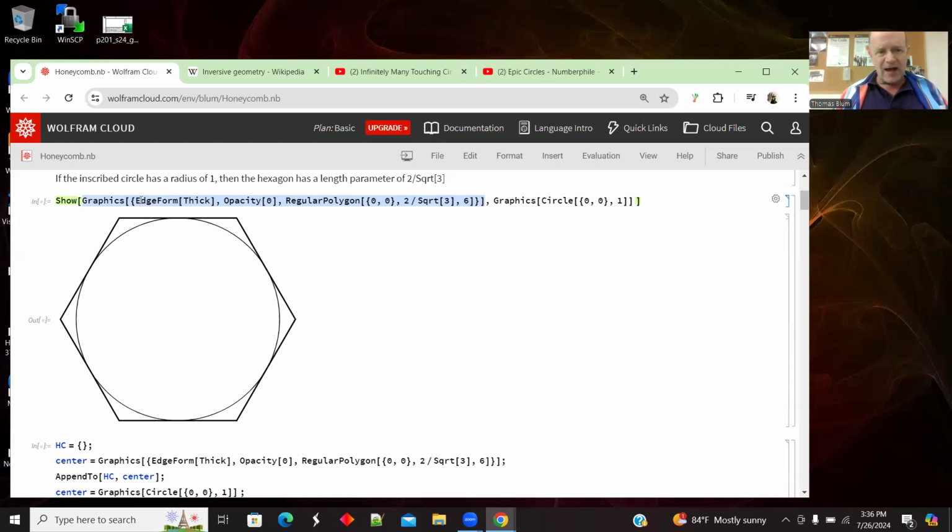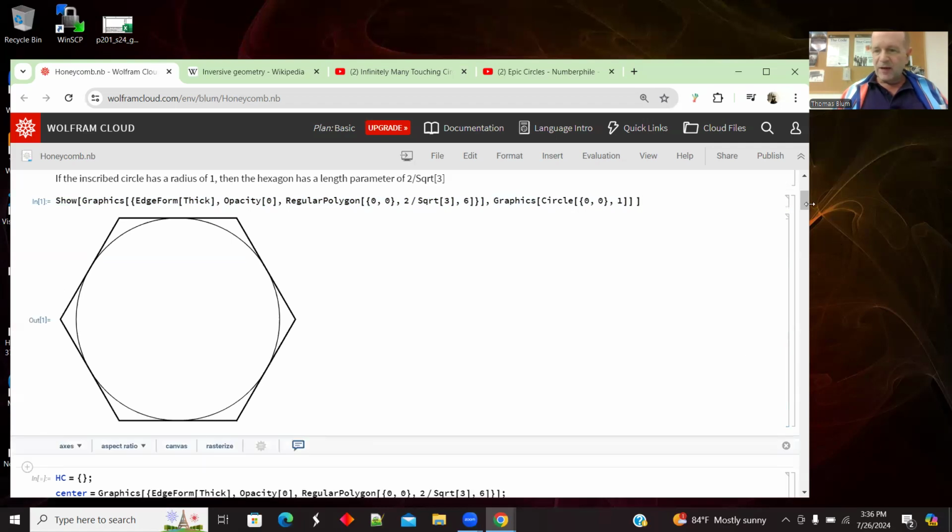So I had to add an EdgeForm explicitly to have an edge, and then gave it an opacity of 0 so that there was no fill, so I could see inside if I need to. So that is the graphics for the hexagon, that is the graphics for the circle, and then I say Show and put them together. Okay, so there we have that.